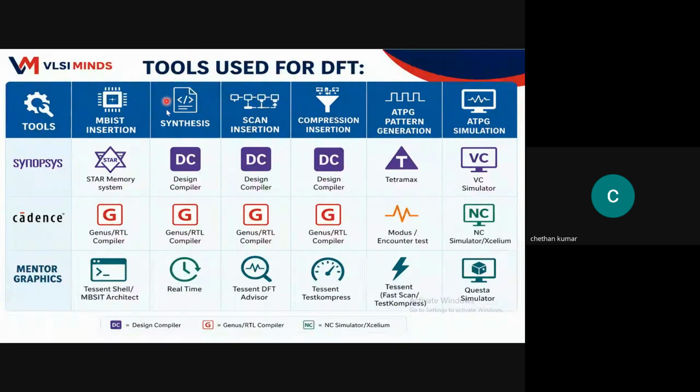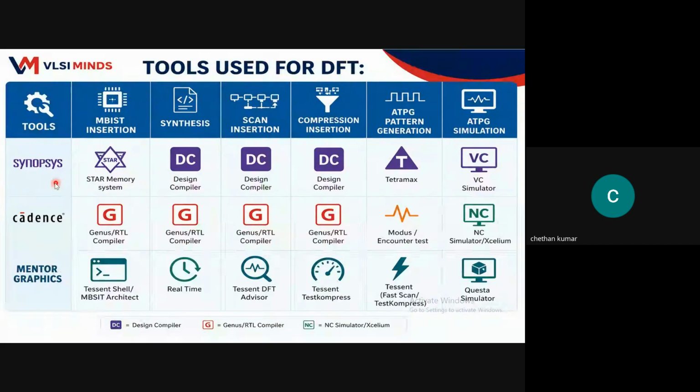In our course, we also cover synthesis from the DFT team, scan insertion, and compression. Scan compression is what we generally call EDT, and then ATPG, pattern generation and pattern simulation. For a particular process, we use a particular tool from the different vendors.